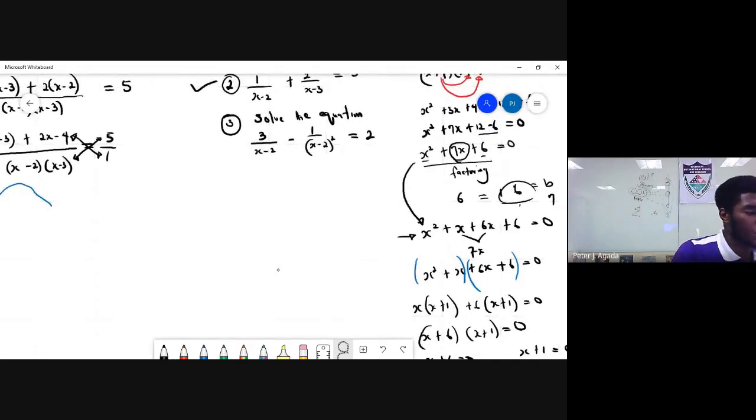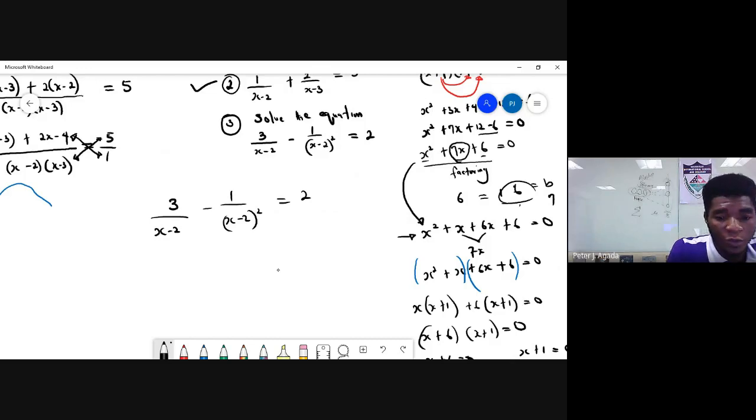So for my number 3, I will have 3 over x minus 2, minus 1 over x minus 2 all squared, is equal to 2. The same process that we used in solving the previous equation, we can find the LCM, just like how we solve fractions.